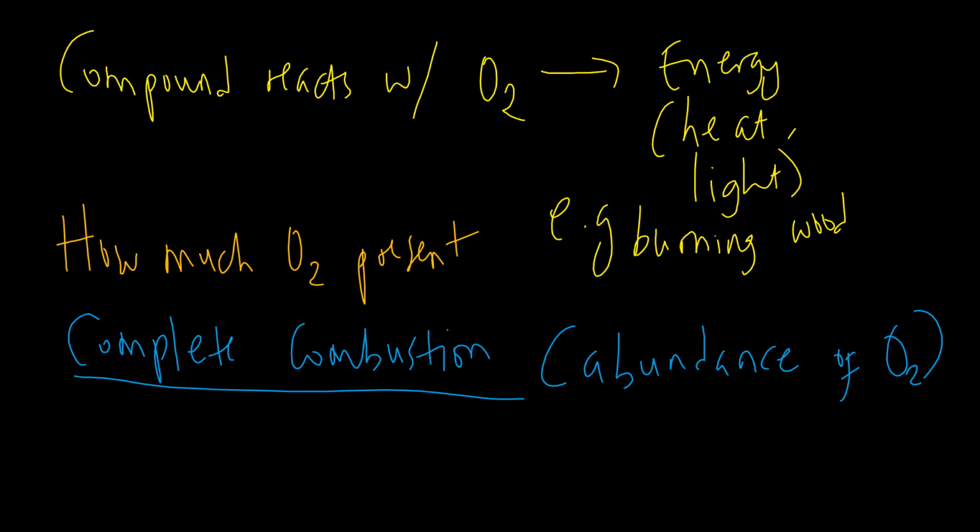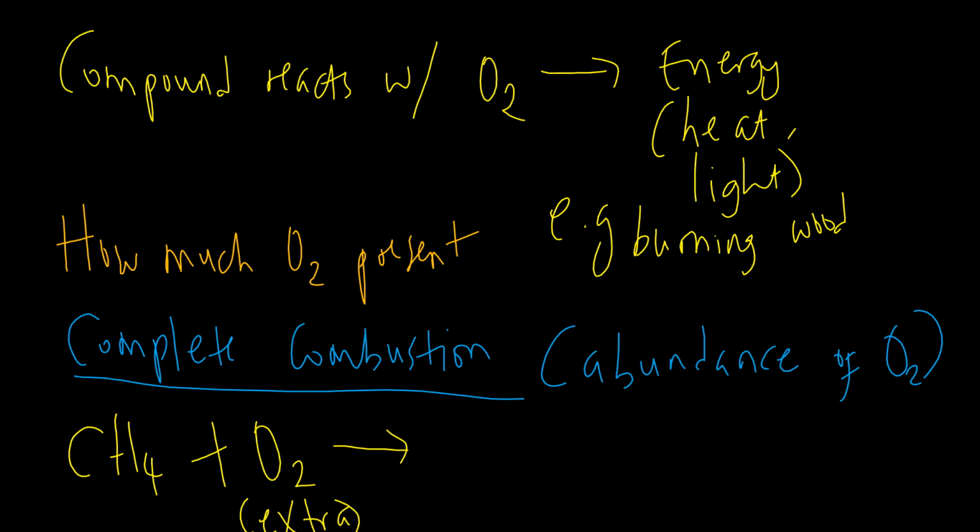The simplest one I can come up with is, let's say you have methane, which is CH4. And then if this one reacts with oxygen and there's actually extra oxygen, so there's an abundance of oxygen, you end up producing carbon dioxide and then you also produce water. Notice that both the hydrogen and the carbon get oxidized in this scenario.